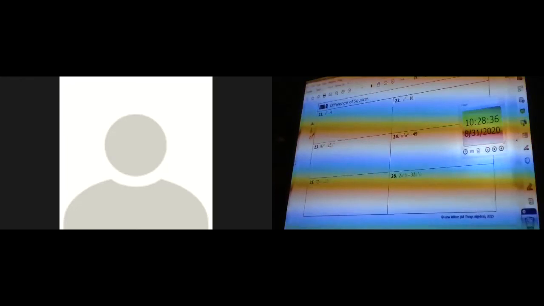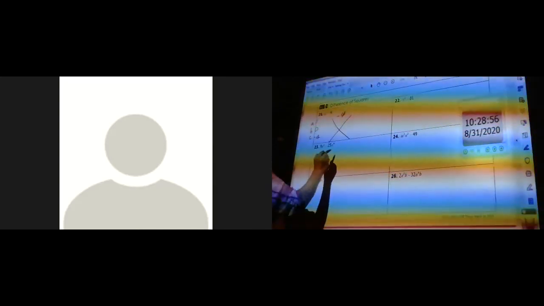So you can use the exact same process, guys. What's your A on number 21? What's your B? Zero. And then what is your C? -4. So if you do your factor cross, you've got -4 and 0.